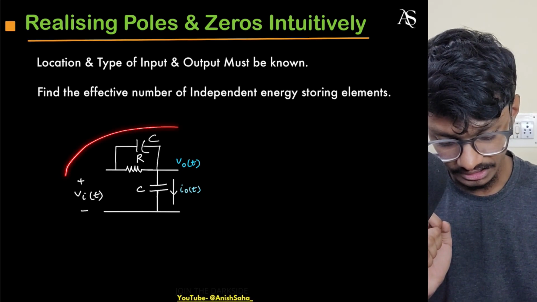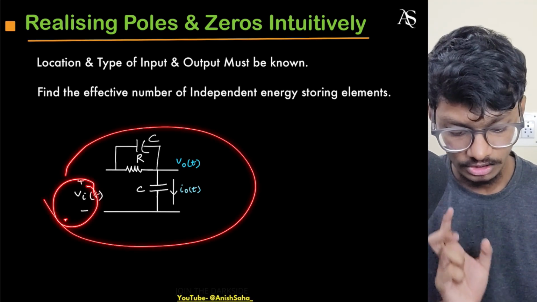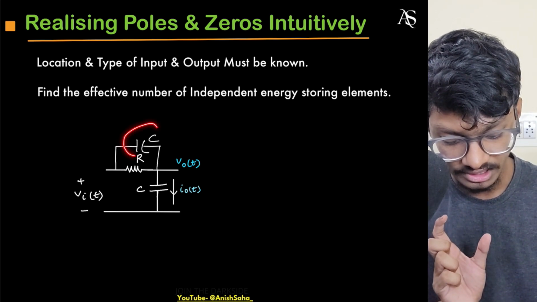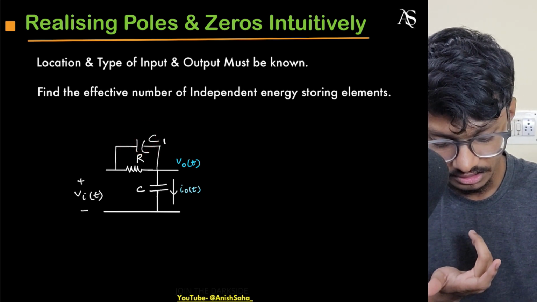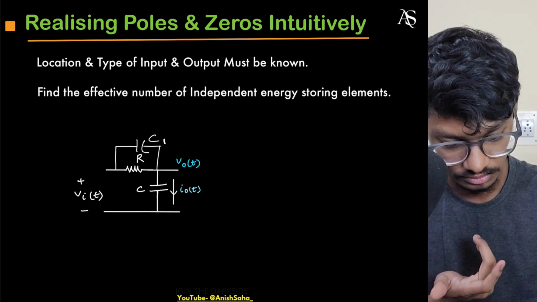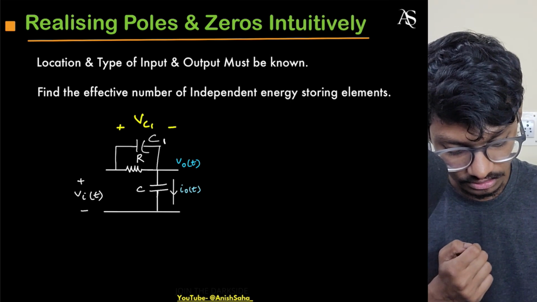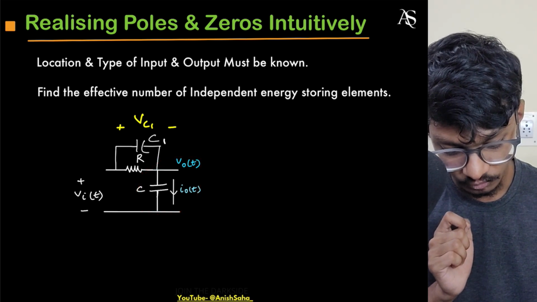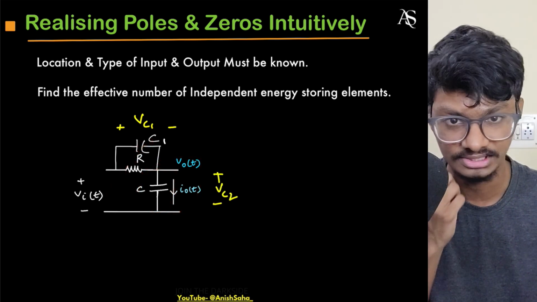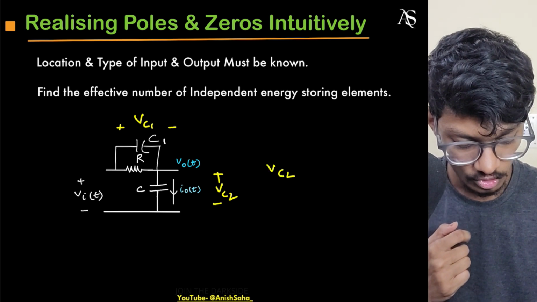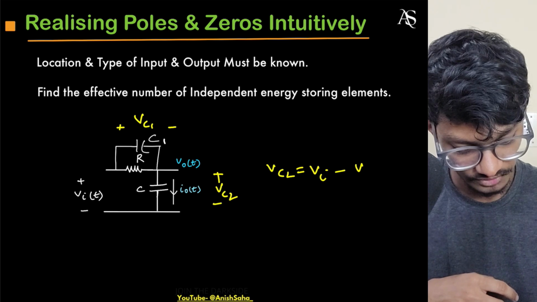So in this case, my voltage is the input source. Voltage is the source this time. So what I will do is give this capacitor, let's name it C1, some voltage VC1. Now if I give this some voltage VC1, I can surely say that this voltage is dependent on these two, because if I want to measure my VC2, or you can say VO this time, my VC2 will simply be VI minus VC1.